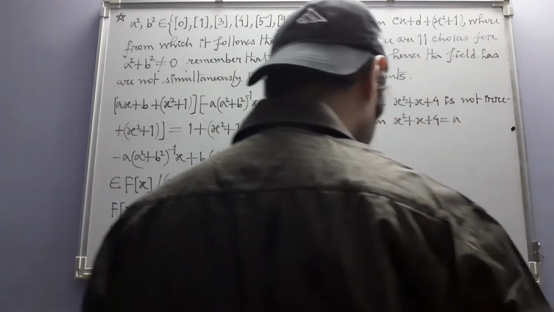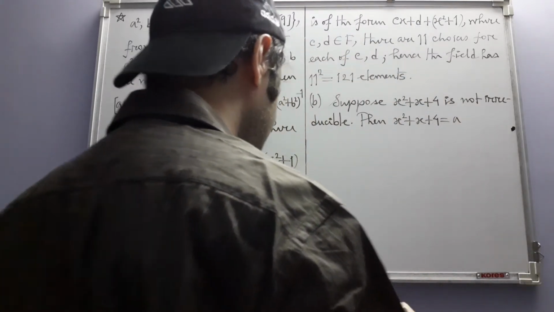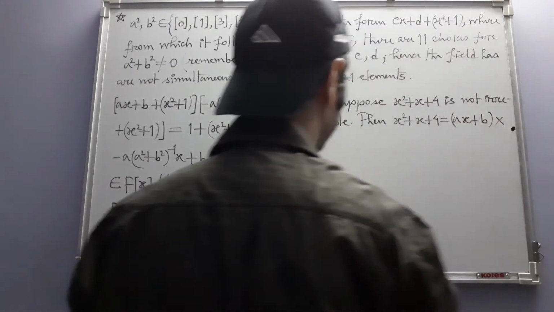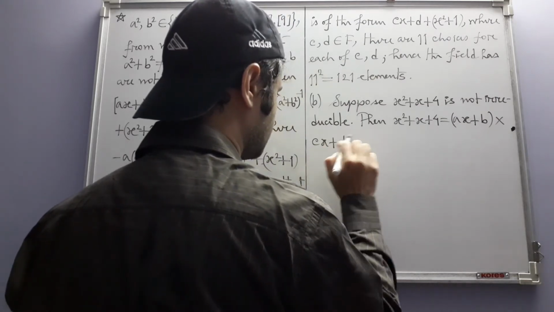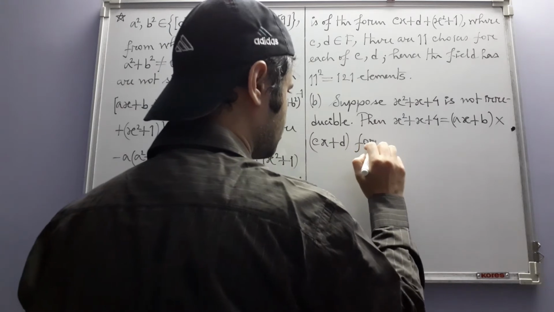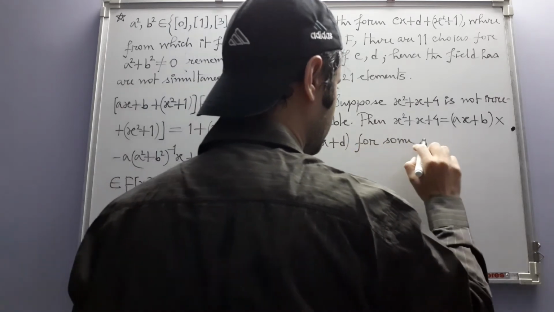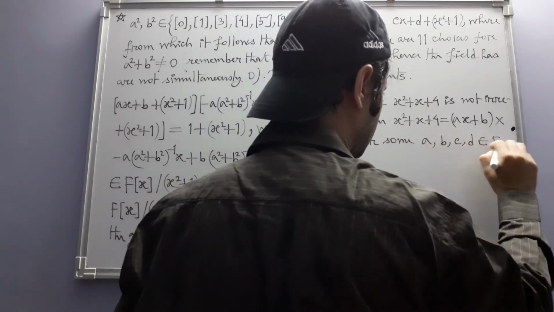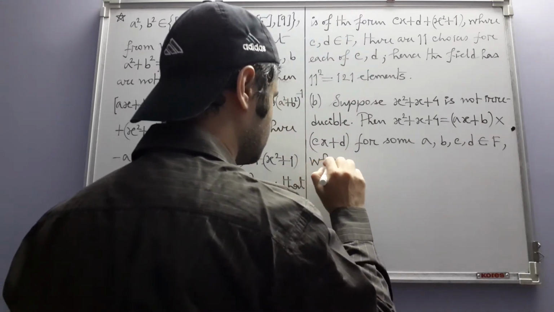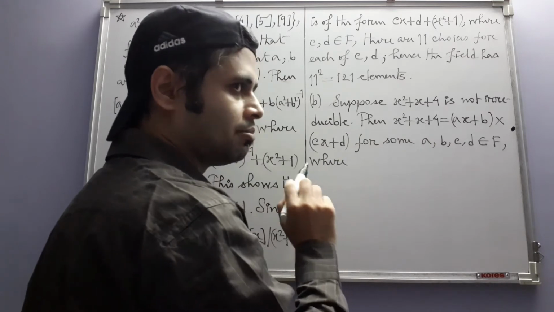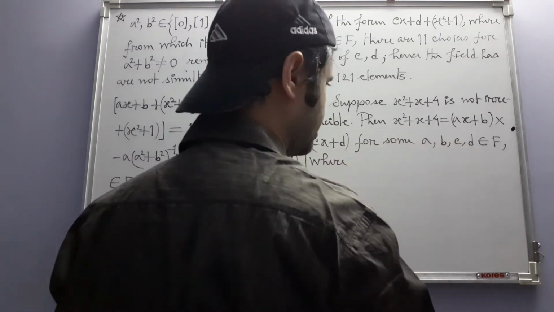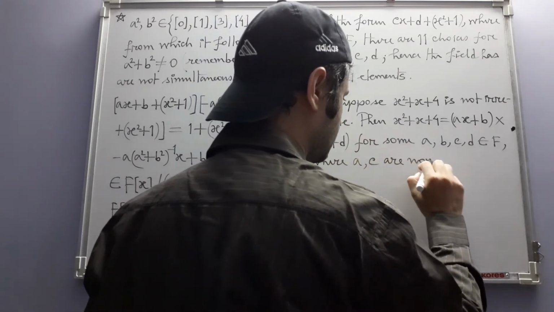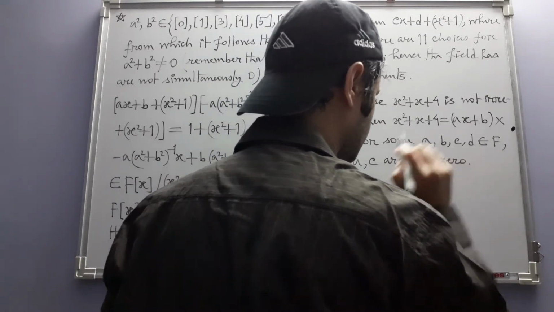So we can write it as ax plus b times cx plus d, for some field elements A, B, C and D, where to ensure that both of them have degree 1, we have to assume that A and C are non-zero.